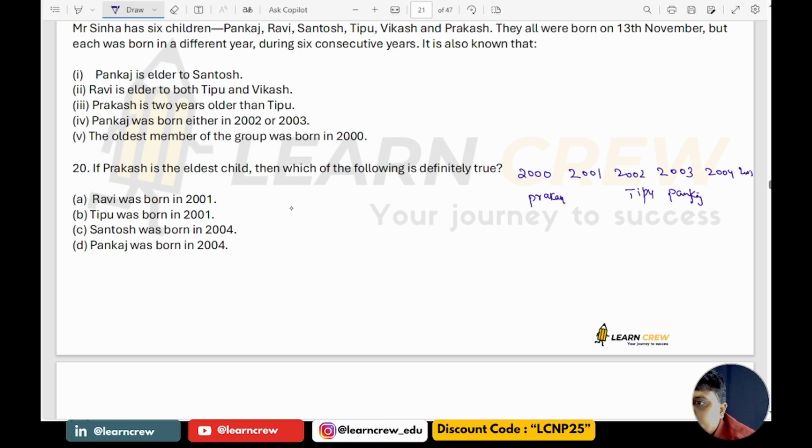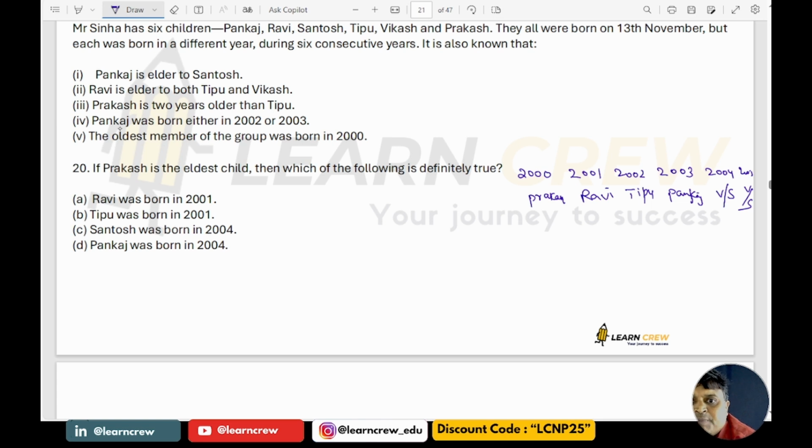Ravi was born in the year 2001. It is given that Ravi is elder than both Tipu and Vikas, so Ravi must be here. One of these two has to be Vikas, one has to be Santosh.